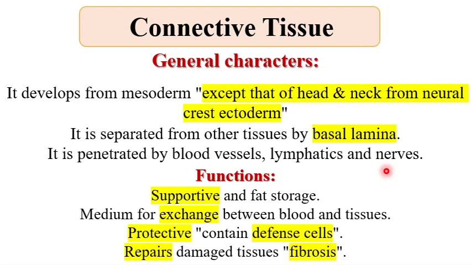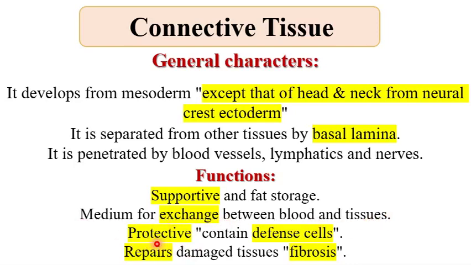Okay? What is the function of connective tissue? Connective tissue has many functions: support, fat storage, and a medium for exchange between blood and tissues. As we said, it is responsible for the nutrition of tissues around it, because it is a good medium for exchange between the blood and the tissues.